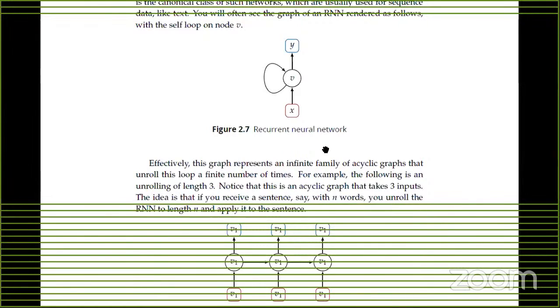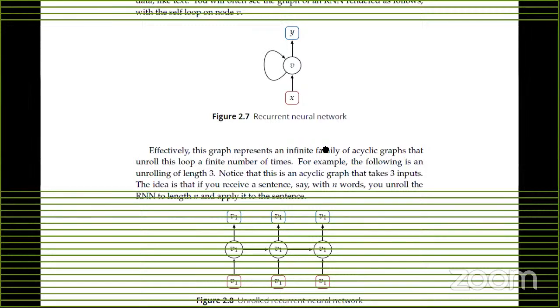This one is about recurrent neural networks, which have loops, as you can see in this figure, Figure 2.7. So why do you need recurrent neural networks? Remember that we have these traditional feed forward neural networks, where you have an input of fixed size.